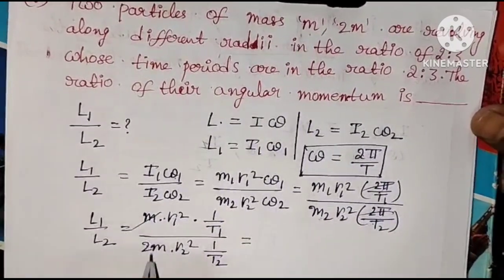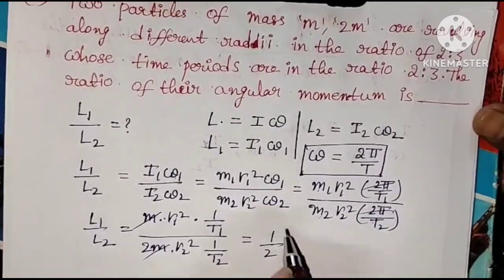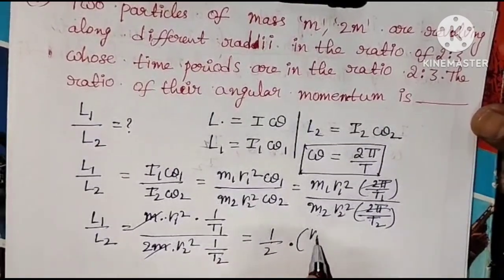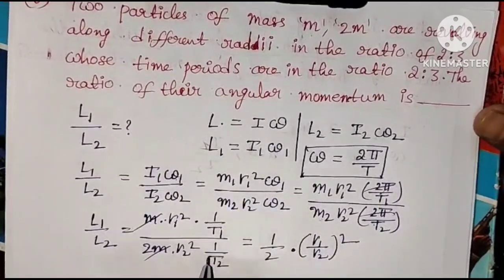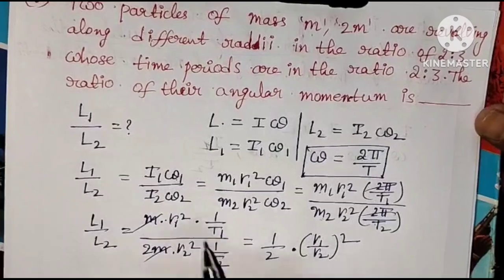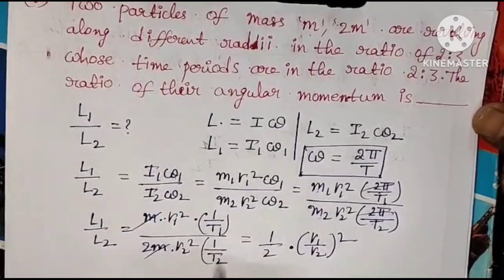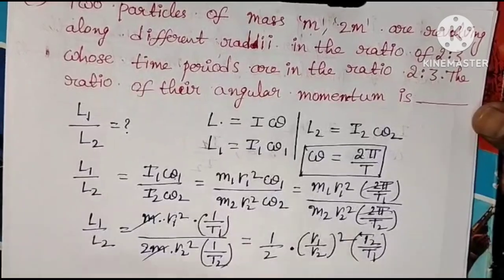Now m, m cancel. 1 by 2 into r1 square by r2 square can be written as r1 by r2 whole square. 1 by t1, 1 by t2. So take reciprocal. 1 by t1 by 1 by t2 means t2 by t1.